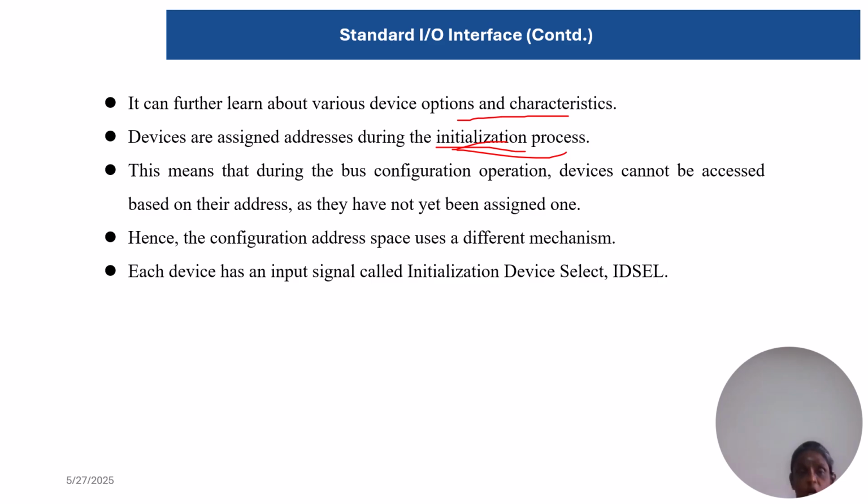So this means that during the bus configuration operation, devices cannot be accessed based on their address, as they have not yet been assigned one, because they are multiple devices. Hence, the configuration address space uses a different mechanism.